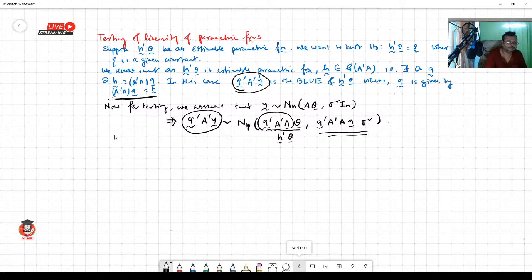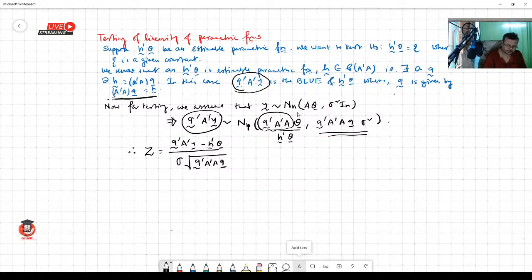So therefore z is defined as q curl prime a prime y curl minus h curl prime theta curl by sigma root over q curl prime a q curl.